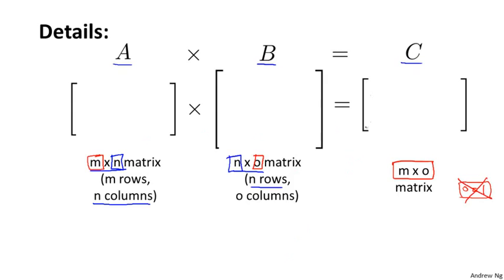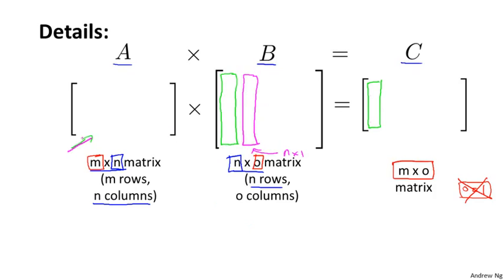So here's how you multiply together the two matrices. I'm going to take the first column of B and treat that as a vector, and multiply the matrix A with the first column of B. The result of that will be an m by 1 vector, and I'm going to put that over here. Then I'm going to take the second column of B, which is another n by 1 vector, an n-dimensional vector.